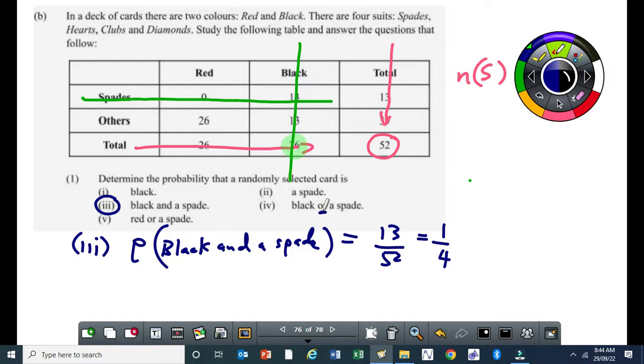In total we have 26. Then you also have cards that are spades. The total of the spades is 13 as well. So it's saying black or spades. So that's number 4. So that would be P(black or spade).